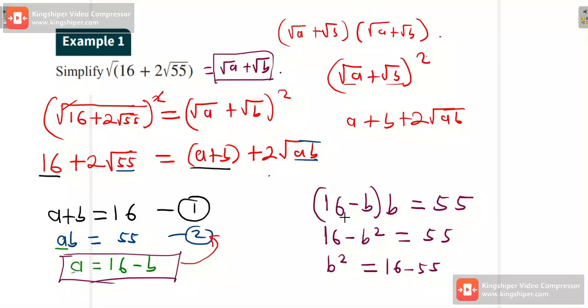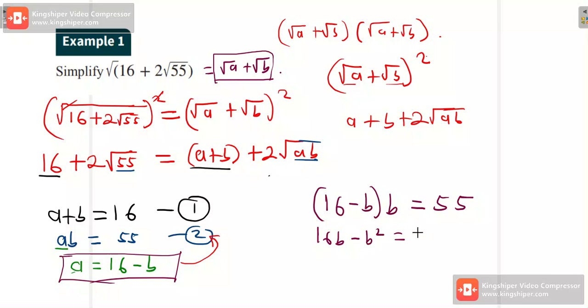Okay, so there is a mistake here. Our expansion is supposed to be 16 times B. 16 times B is supposed to be 16B. So let's correct that one. There should be B here. Let me make that change before we continue. So we have 16 times B is going to be 16B minus B times B will be B squared.